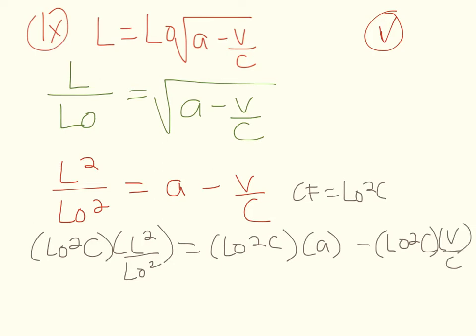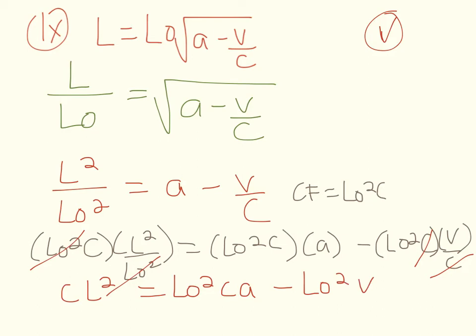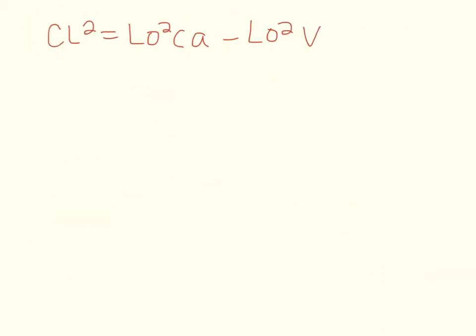Okay, so be careful what you're canceling out, so we know what is canceling out. What I'm left with is c L squared is equal to L naught squared c a minus L naught squared v. So now I'm going to isolate my L naught squared v term.